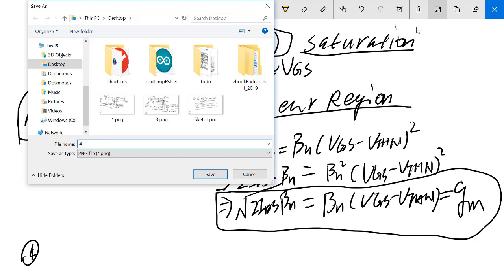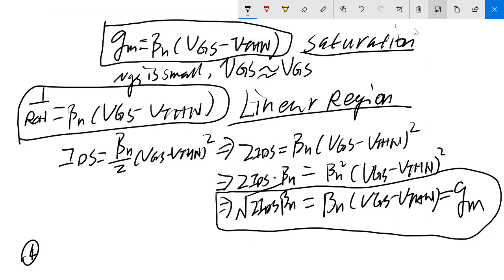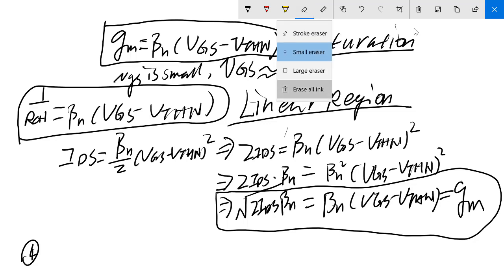So it's page 4 now. Another one you need to know, because we know that IDS equals beta n over 2 (VGS minus VTHN) squared. If you know IDS, you can directly get VGS.